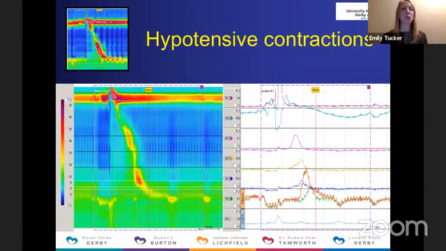Next, we come on to hypotensive contractions. You can see here in this manometric trace, and just to go through it again, the upper esophageal sphincter, lower esophageal sphincter. A little bit difficult to see in this, we don't have the formal numbers, but you can see there is some relaxation. But just looking at the colours, even if you can't see anything else, there just isn't very powerful contraction here.